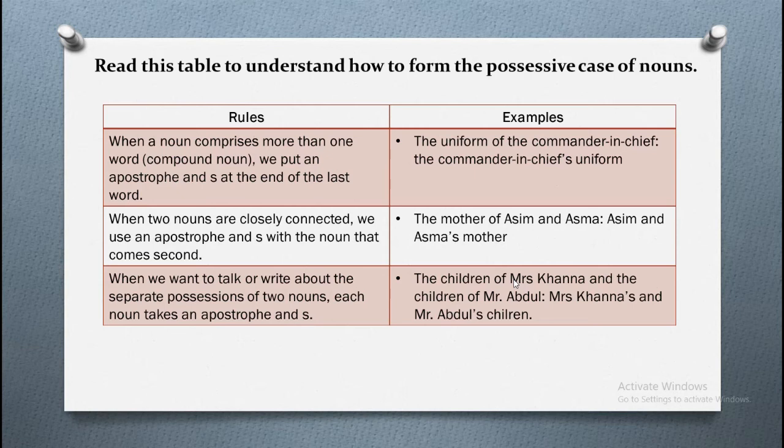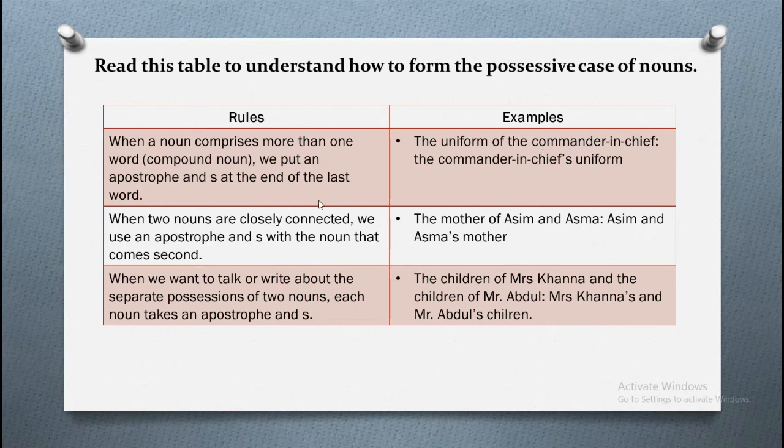So if these types of nouns come, how do we change them to possessive form? See the example. The uniform of the commander-in-chief. Commander-in-chief means one person only, but it's a compound noun. So it will be the commander-in-chief's uniform, the uniform belonging to the commander-in-chief.